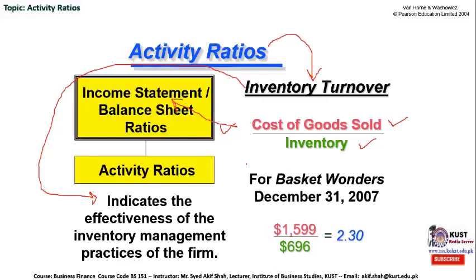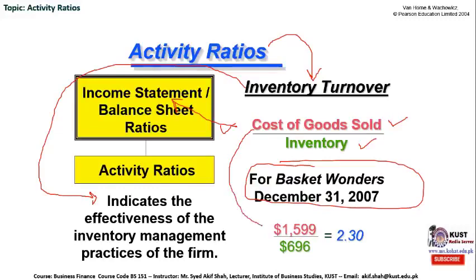As the year of our study for Basket Wonder is 2007, we can check the cost of goods sold value and inventory value in the relevant financial statements. We have picked up cost of goods sold from the income statement and it was 1599, and the inventory was picked up from the balance sheet of 2007 and it was 696.